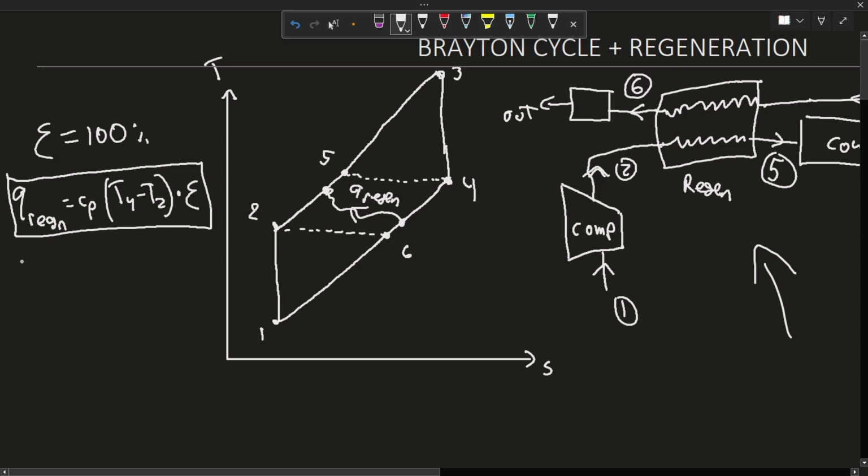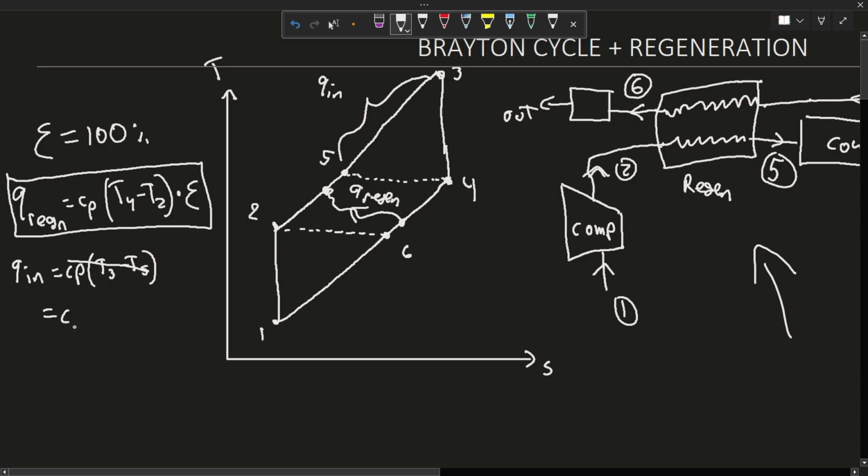For your Qin, it's not exactly like the simple Brayton cycle. Your Qin is literally this part, because the rest, you're assuming that the rest is being added by the fifth step. So Qin is basically Cp times T3 minus T5, but you don't need to use this.